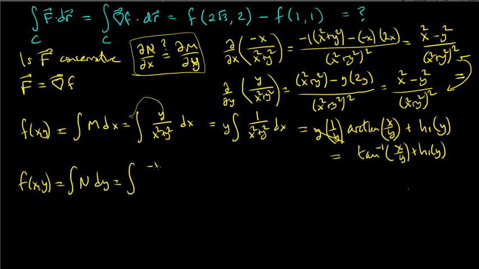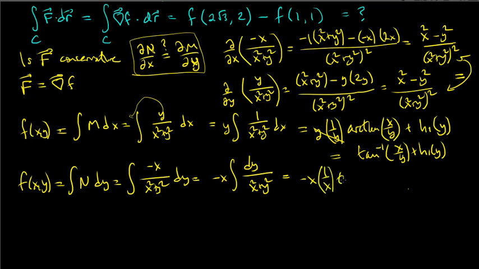So here we're integrating negative x over x squared plus y squared, but now with respect to y. So it's the negative x that is the constant that comes outside. When we do this integral, we end up with 1 over x times the arctangent.